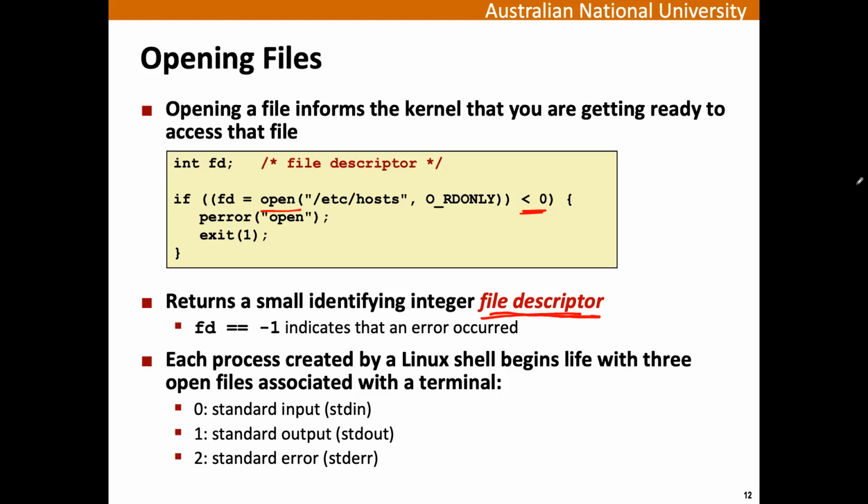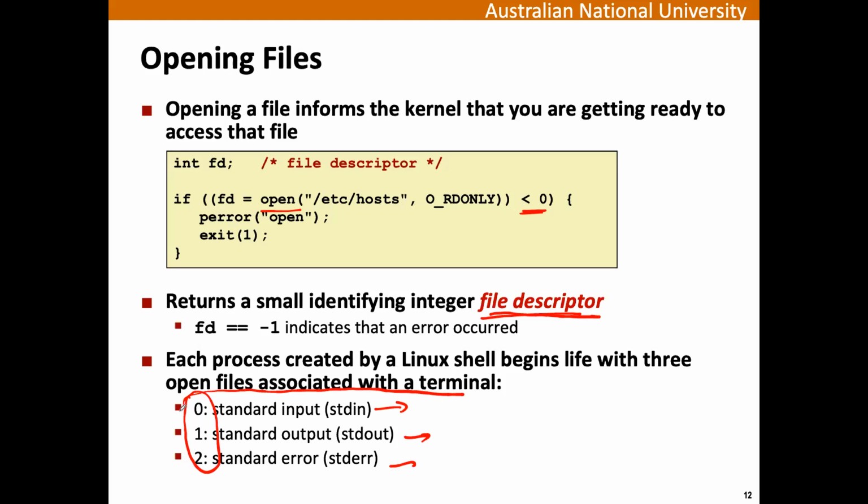So each process created by the Linux shell has at least 3 descriptors, or 3 open files associated with a terminal: standard input, standard output, and standard error. The descriptors are 0, 1, 2. So whenever you fork a process, the process has these 3 files opened by default.